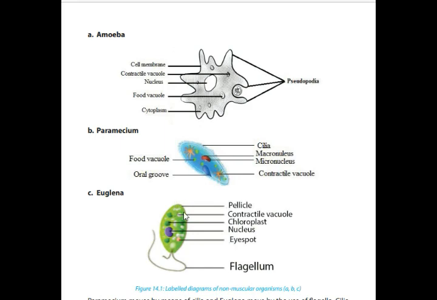These hair-like cilia surround the surface of a paramecium. You see the other parts. We are also looking at euglena. Euglena has a flagellum, used for movement. The flagellated organisms also use the flagellum. You see the parts of the euglena as it is.